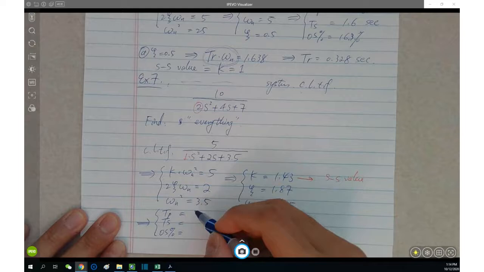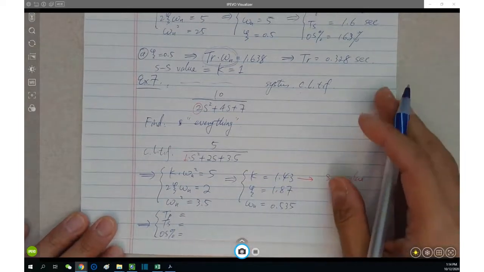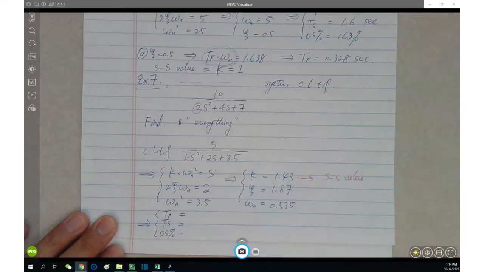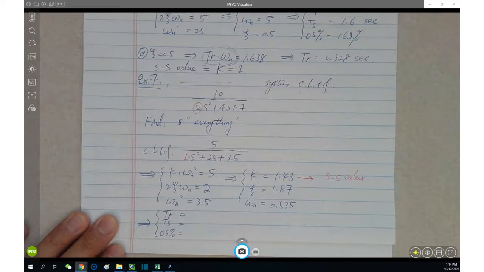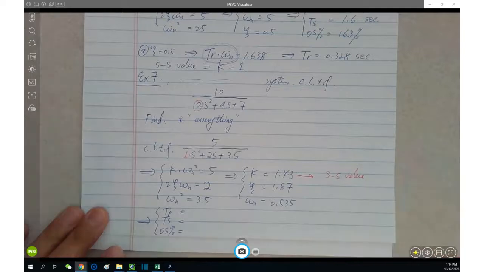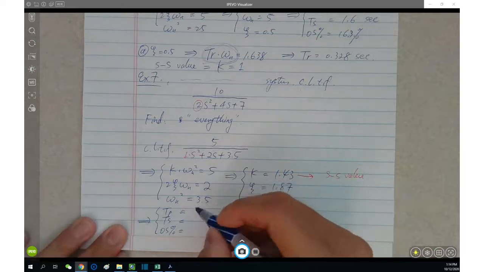TP turned out to be anyone? Anyone have any value? Any value here? And TS, overshoot, etc. Kevin got 2 seconds.